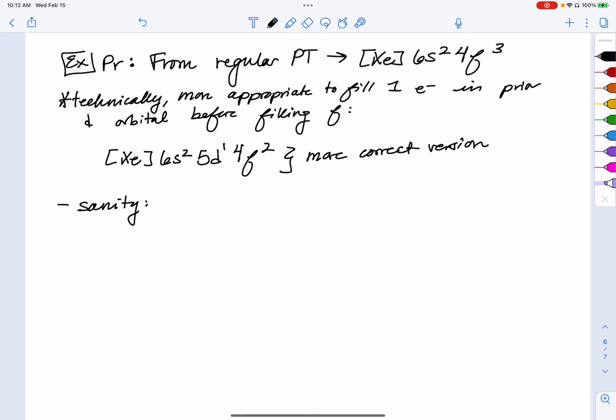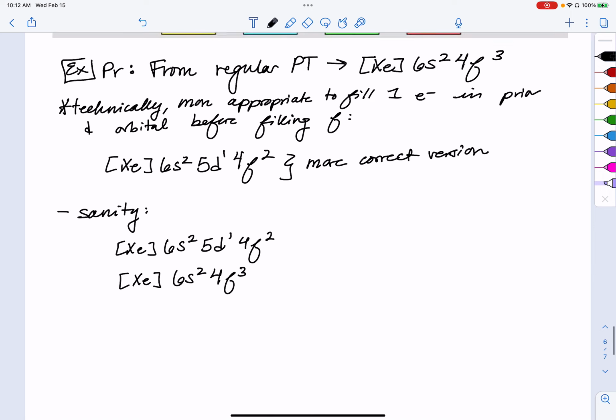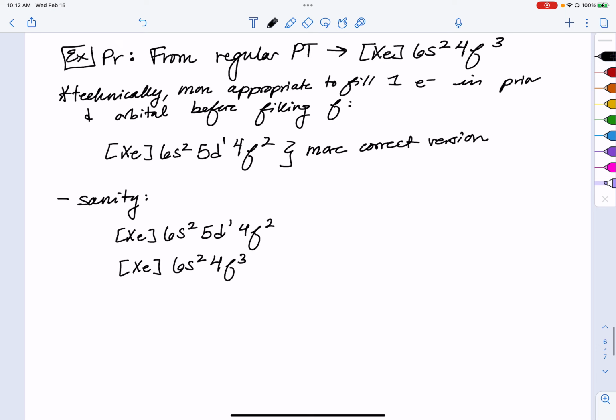They should still yield the same number of electrons. So xenon 6s2, 5d1, 4f2 from the more correct version, and then xenon 6s2, 4f3 from just our normal periodic table.